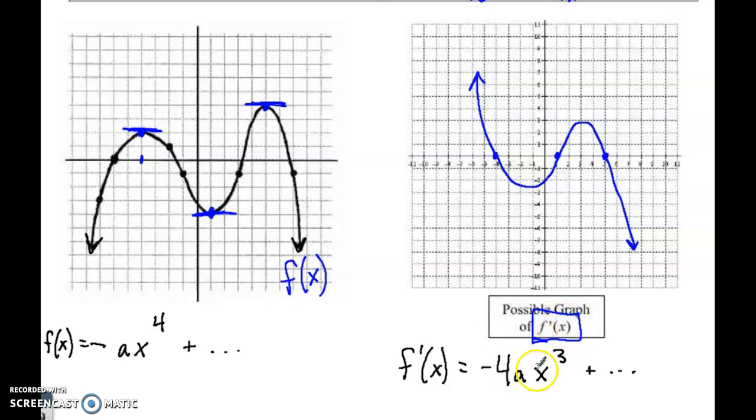But the point that I'm trying to make is that we have a negative leading coefficient with an even degree. Does our graph match that? And the answer is yes. So keep your rules from Algebra 2. All the rules you've learned from previous units still apply in calculus.